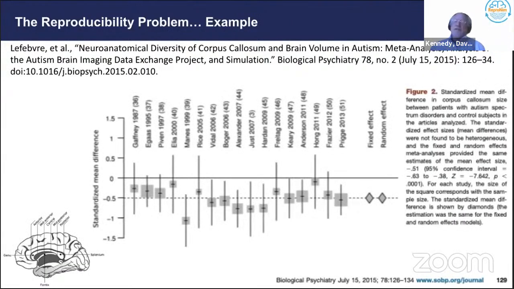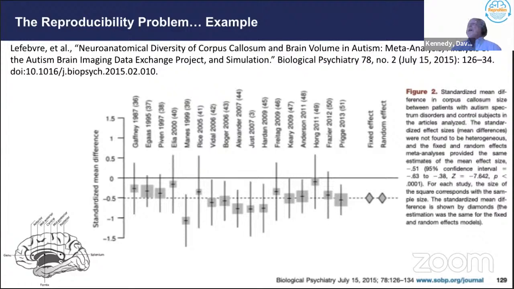An example of reproducibility issues that I like to lean back on is a paper by Anne Lefebvre from 2015 or so, almost 10 years ago, that looks at a very common finding in the autism literature.